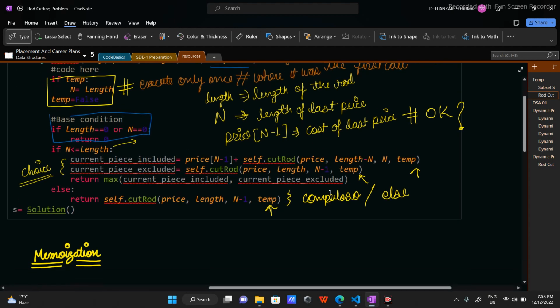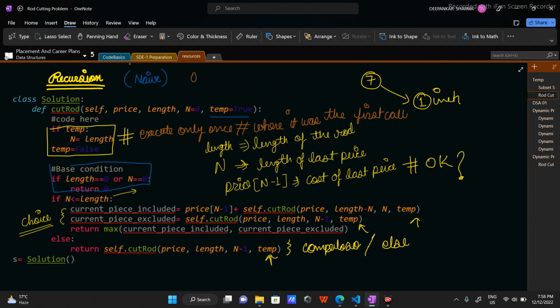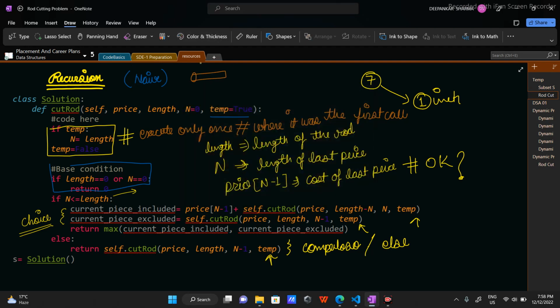Talking about the base condition. See, if the length of the rod was 0, how am I going to make pieces out of it? I cannot make a piece out of it. So I will have 0 cost for a 0 piece, right?